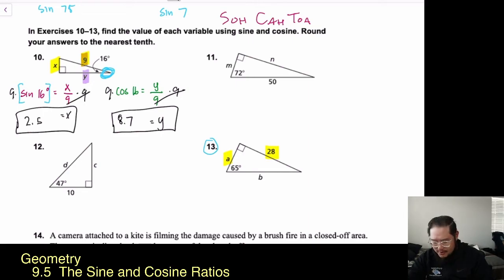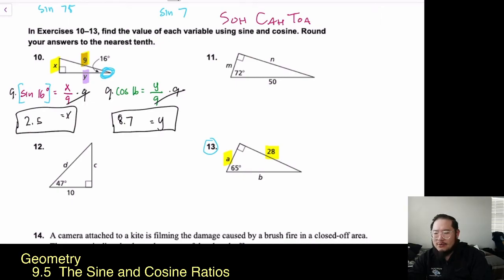So let's see what we can do right here. If I have adjacent and opposite, I look at SohCahToa, and adjacent and opposite happens to be tangent. But we're not supposed to use the tangent ratio. They're asking us to use sine and cosine. Now, in the next section, you can use whatever ratio you want.